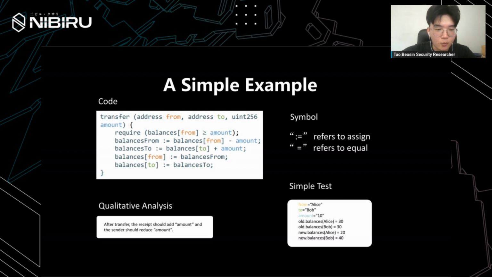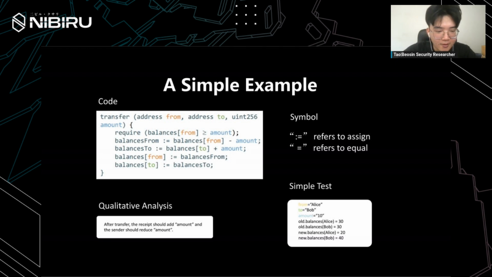Then we remove the amount of tokens from the balance of the sender, and then we add the amount of tokens to the receiver, and we update the sender's and the receiver's balances.